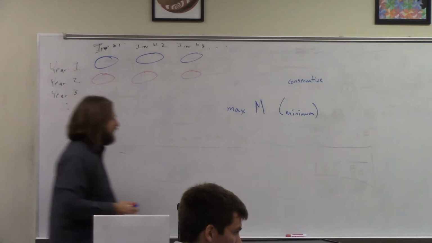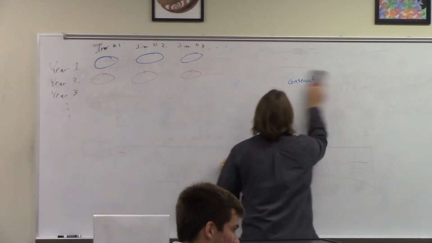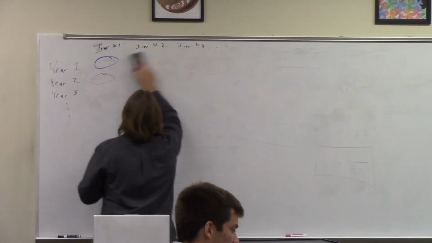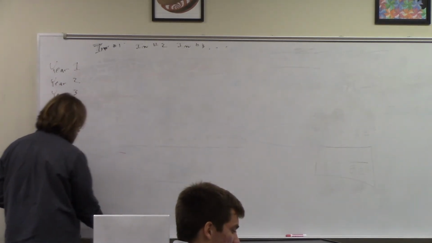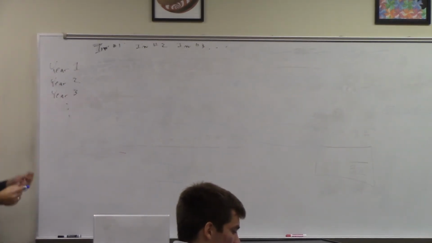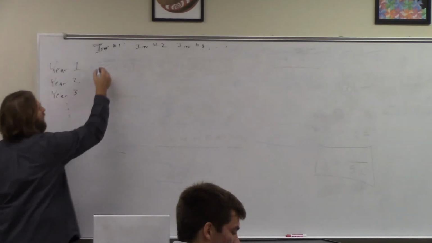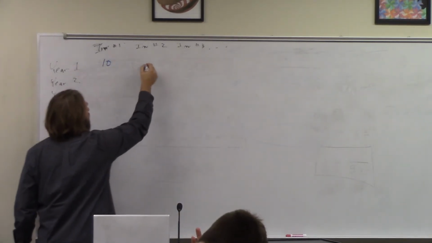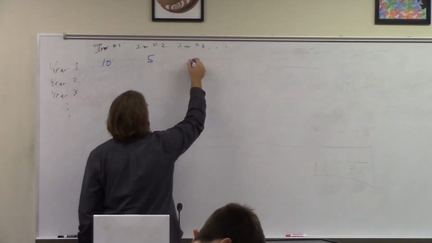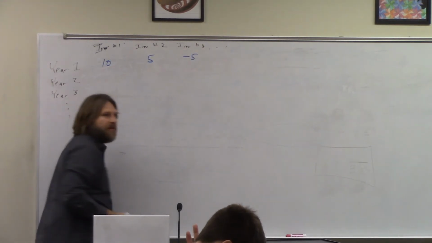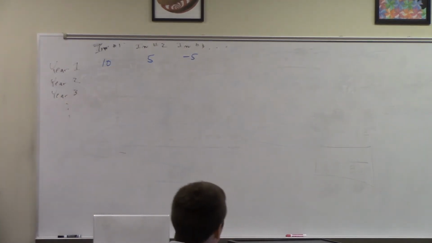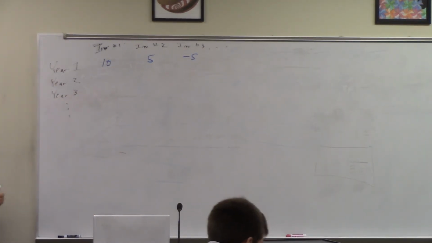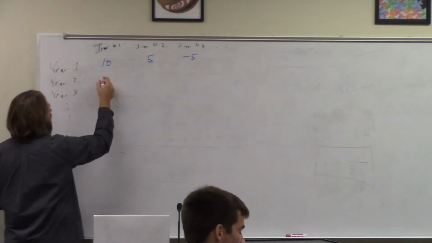So let's walk it through with some numbers here, rather than circles and squares, and maybe it'll be a little bit more clear. I'm going to pick some easy to compute values. So let's say we get 10% return here, we get 5% return here, and we lose 5% in this scenario right here. Let's say this is really bad.